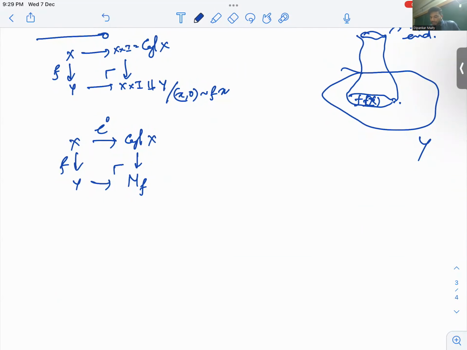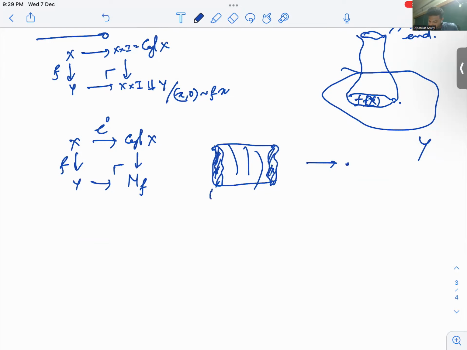Well, once you define the mapping cylinder, you may immediately think of the suspension functor, right? So the ordinary suspension functor in the case of topological spaces, the idea was the following: you look at the cylinder on x, and this is the cylinder on x. So what you do is you just smash out these two endpoints to different points.